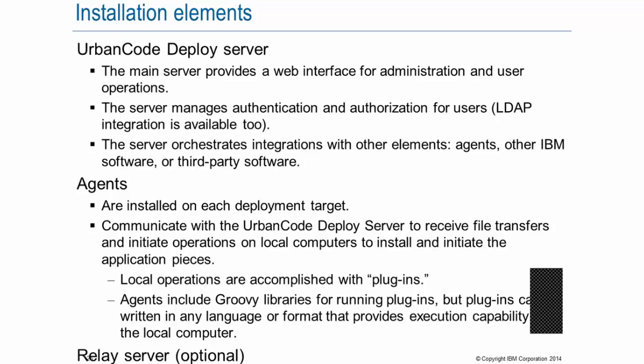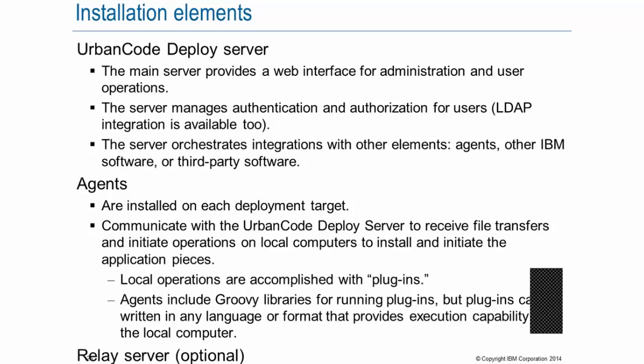And that's accomplished with what we call plugins. If you go to the site, ibmdw.net/urbancode, you'll see a menu there for all our plugins. There are about 115 plugins currently. Those are the integrations with the various platforms. Most of those plugins are built around a Groovy library, but they can be written in other formats, and you could create other plugins.